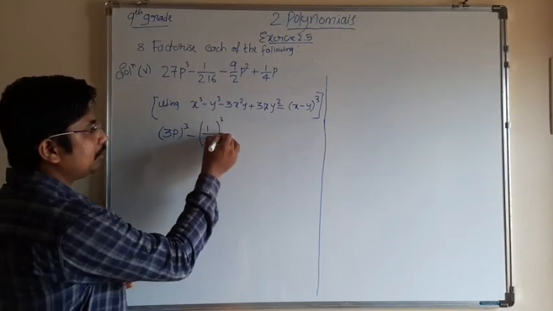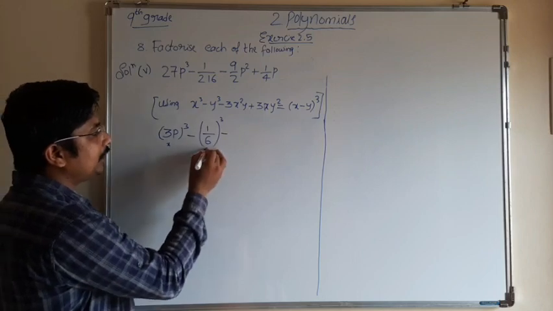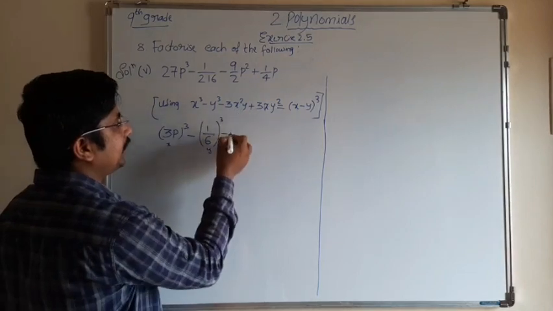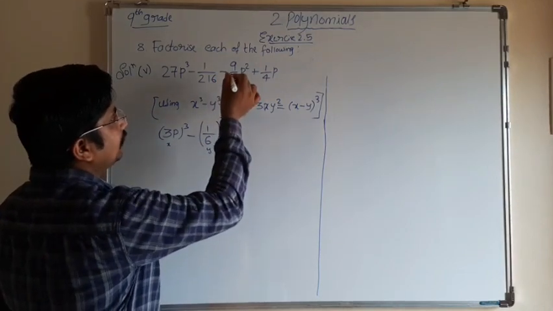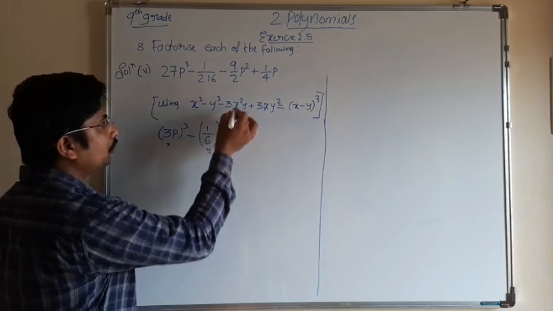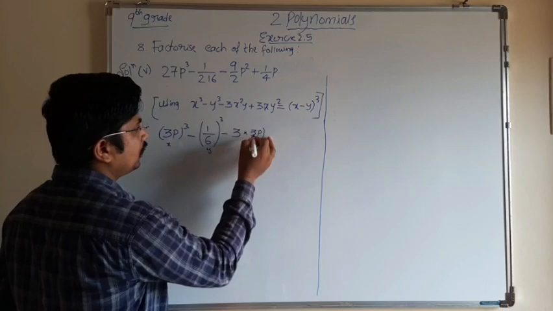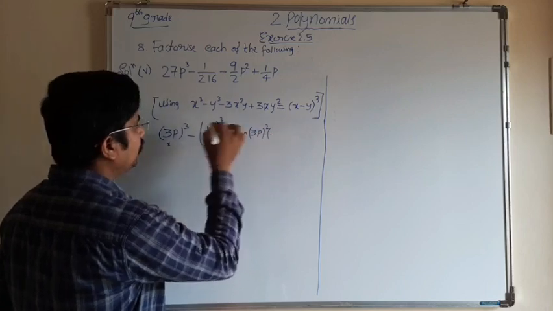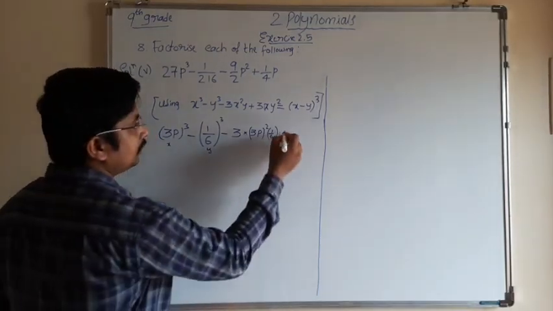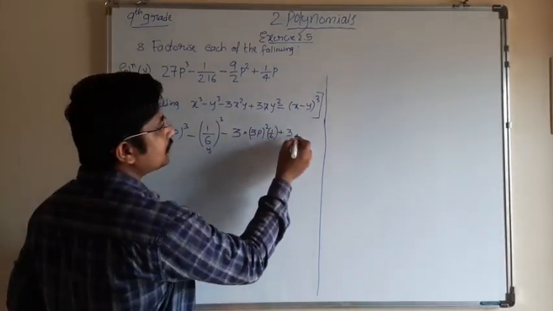Next, minus. In place of x, what have we got? 3p. In place of y, 1 upon 6. Next, I am converting it in terms of 3 into x square y, that is 3p square into y, 1 upon 6, plus 3xy square, which is 3 into 3p into 1 upon 6 whole square.